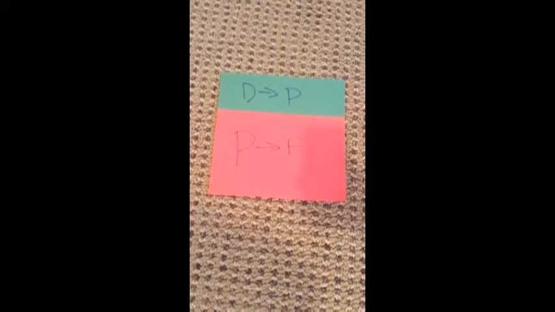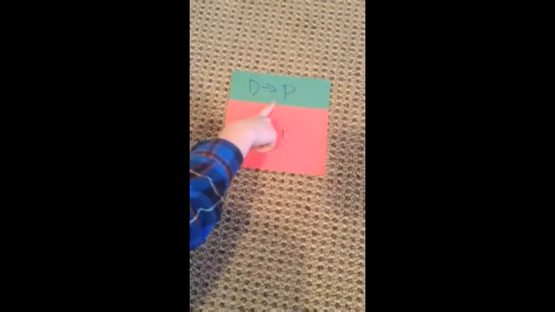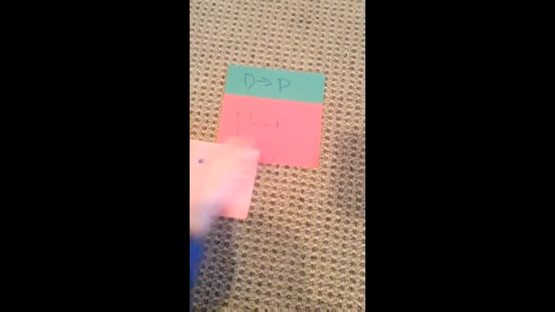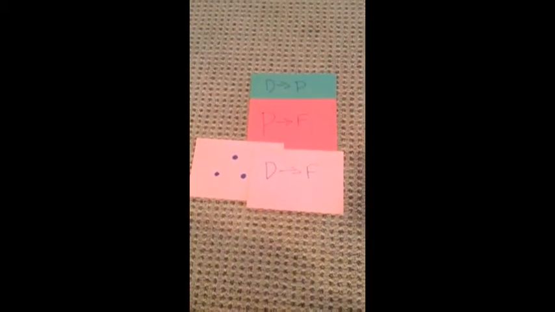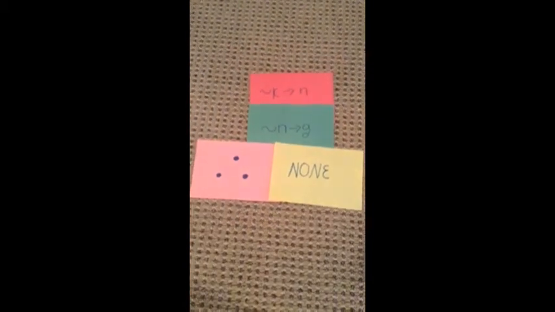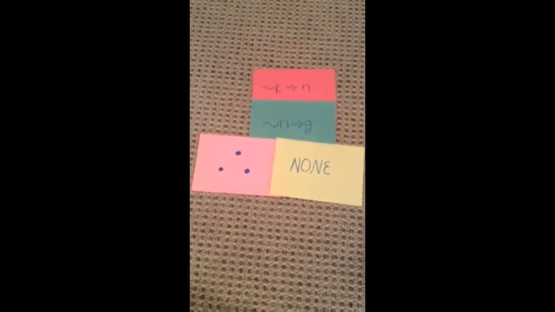Problem number 2. You are given D to P and P to F, you can conclude D to F because of the chain rule. Problem number 3. If you are given not K to N and not N to G, you can conclude none because no laws of logic can prove this.